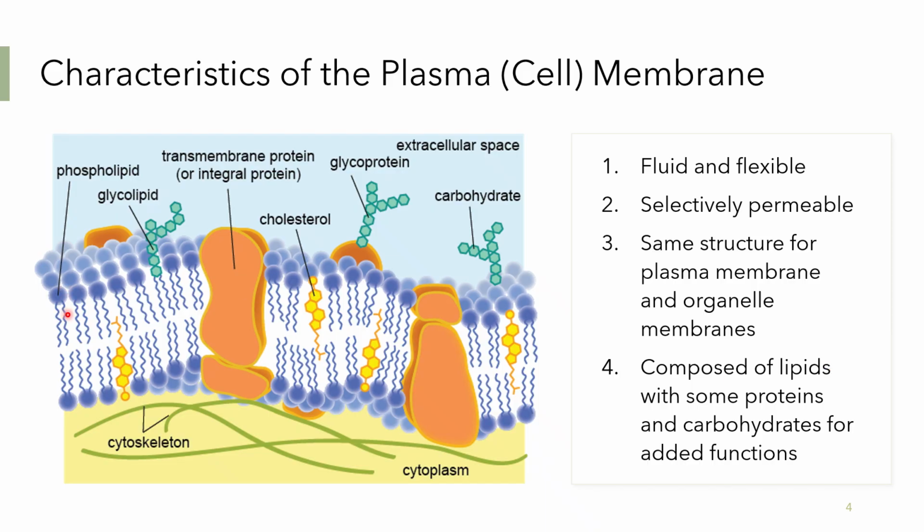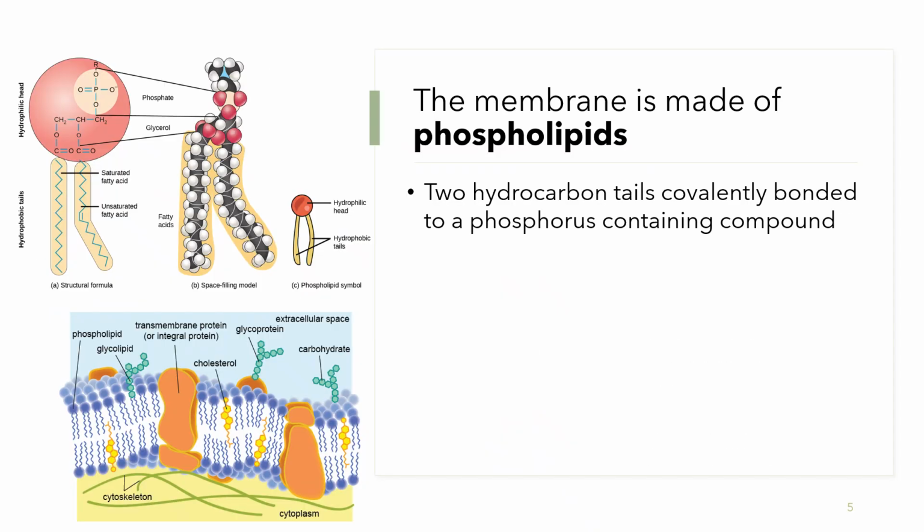So what we're discussing here is something highly nonpolar, and that's going to be really crucial to how the membrane operates. On top of it being primarily composed of lipids, even cholesterol is a lipid, we do have some proteins and some carbohydrates that we're going to talk about later. But they are secondary to the lipid portion of the membrane.